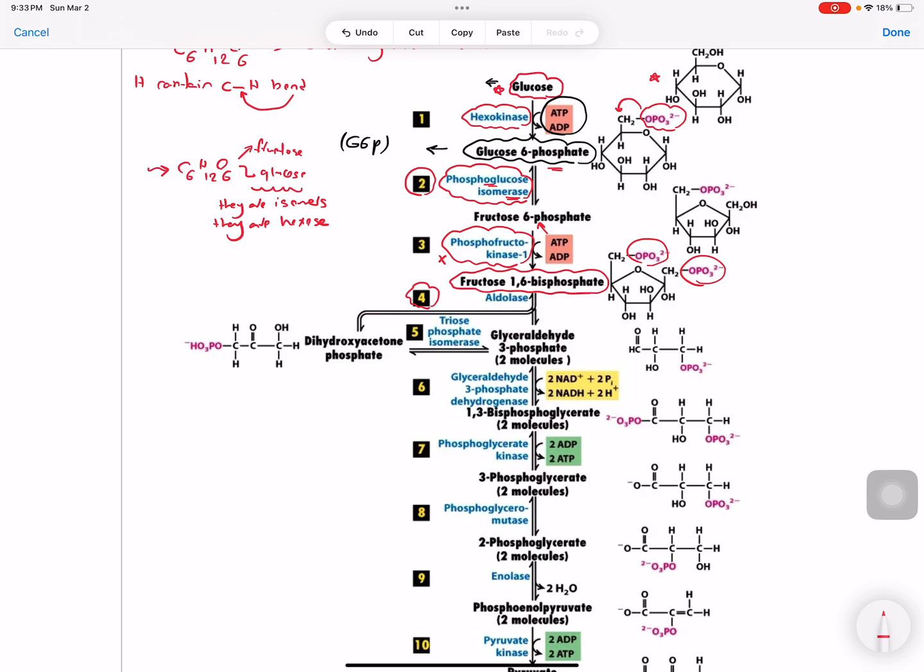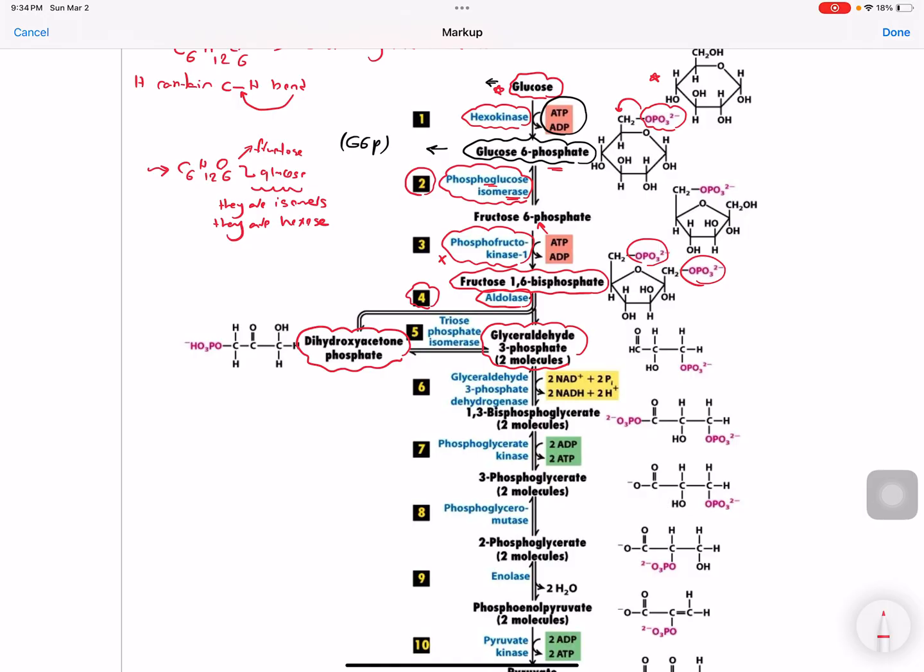the enzyme that is called aldolase splits fructose 1,6-bisphosphate into 2 triose that are glyceraldehyde 3-phosphate and dihydroxyacetone phosphate.